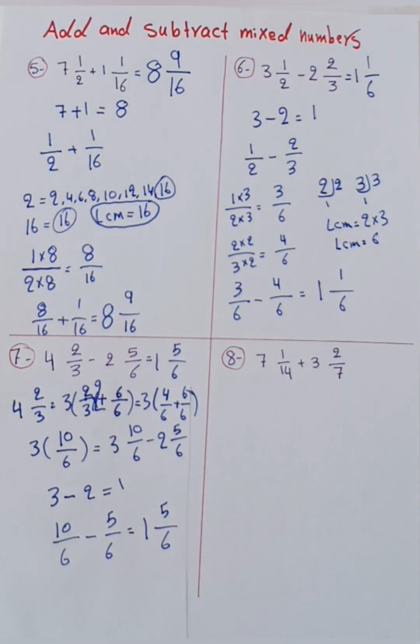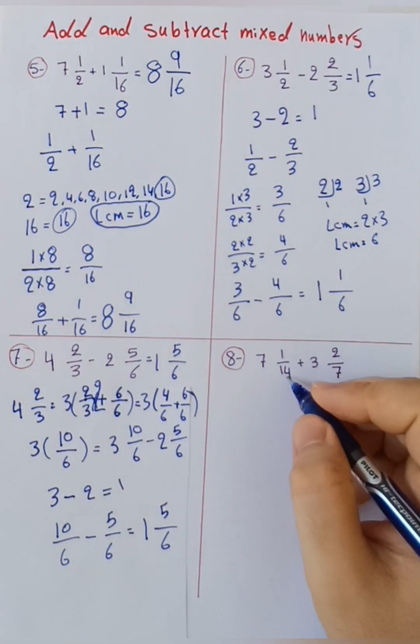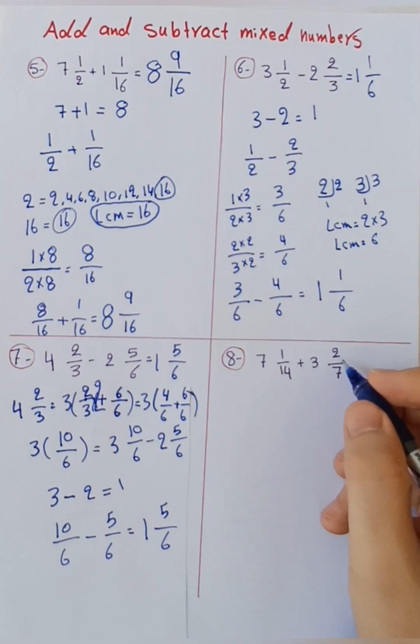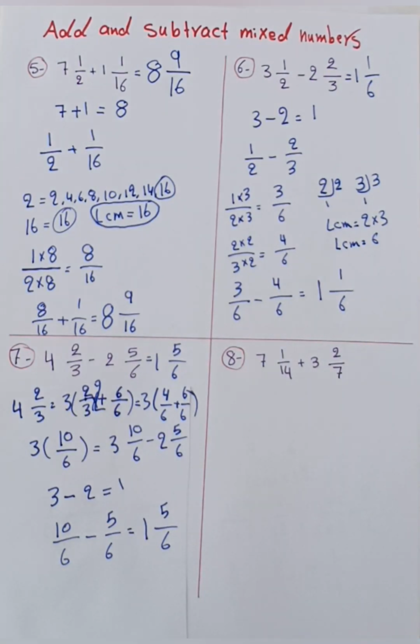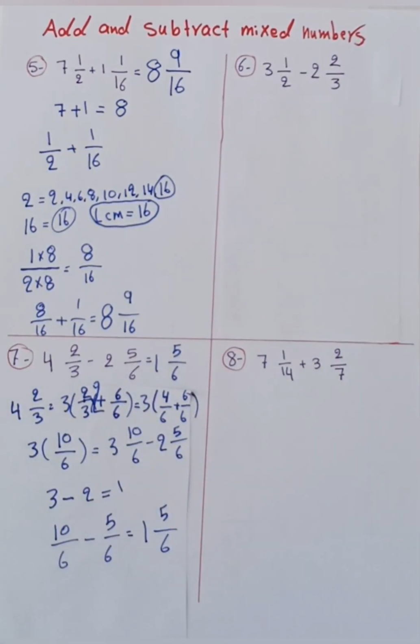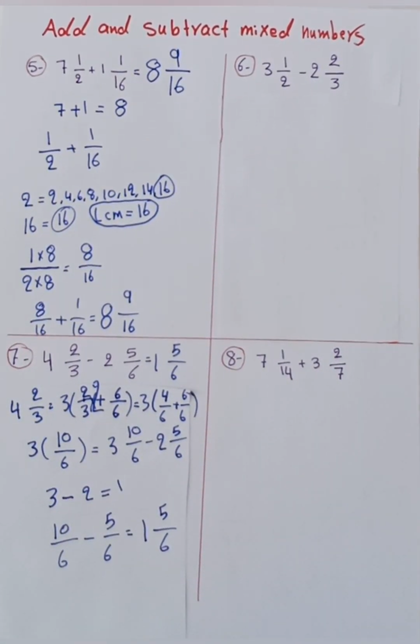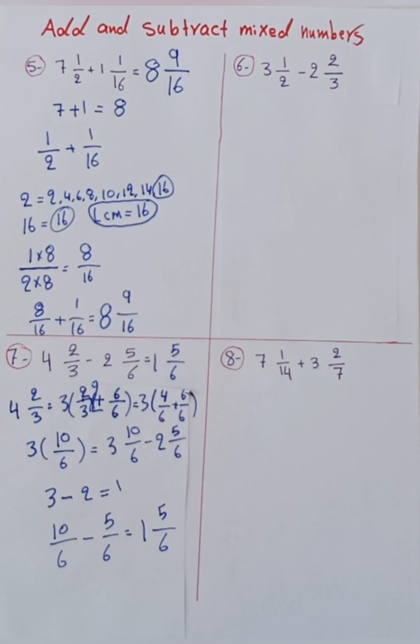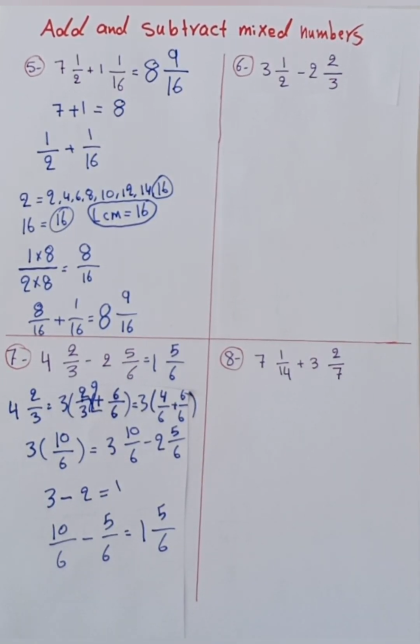Example number 8, we have these two mixed numbers: 7 and 1 out of 14 plus 3 and 2 out of 7.